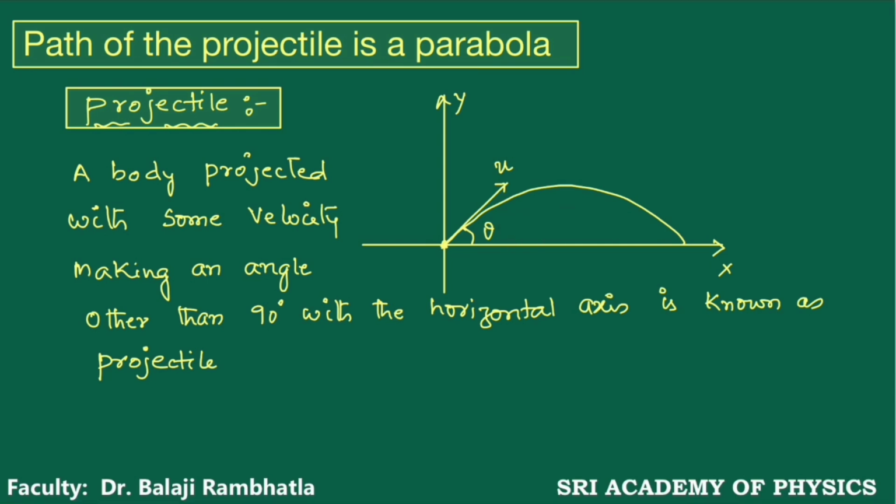Suppose the theta value is equal to 90 degrees, then it comes under vertical projectile. Such a type of motion should be called projectile. Here the body travels in the path of a parabola. We want to derive mathematically that the path of that body is a parabola.